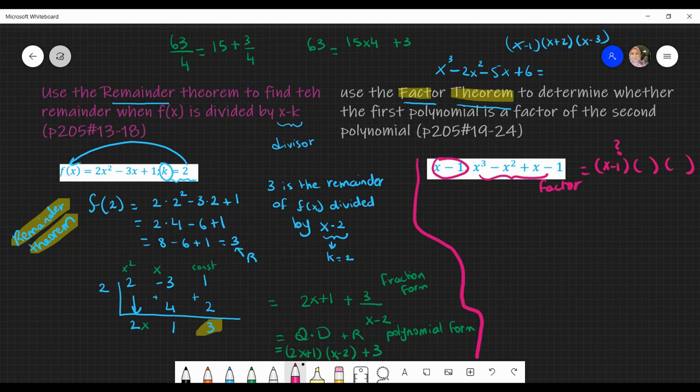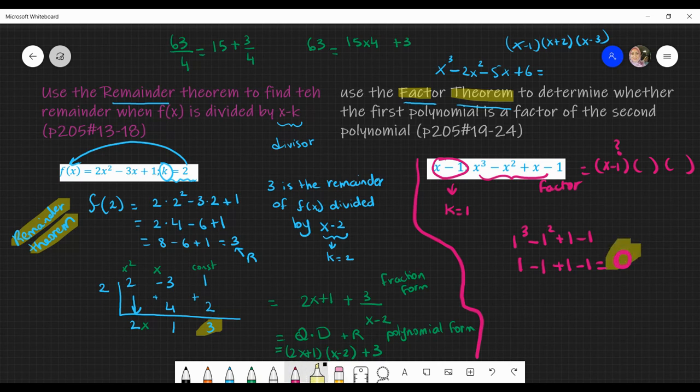The way I would know, I will take the zero of the divisor, I will plug it in the polynomial, and I will check the answer. 1 cubed is 1, 1 squared is 1, plus 1 minus 1. So I just applied the remainder theorem.